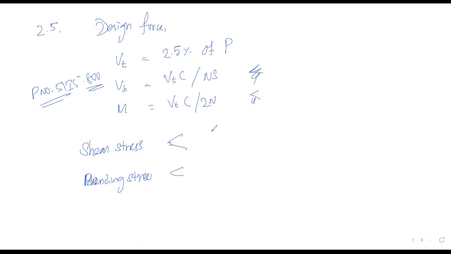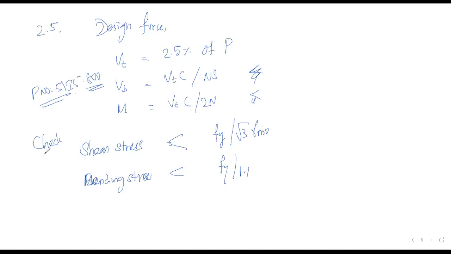They should be less than Fy by root 3 into gamma m, and similarly Fy by 1.1. This is the check.